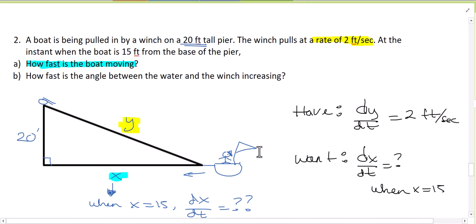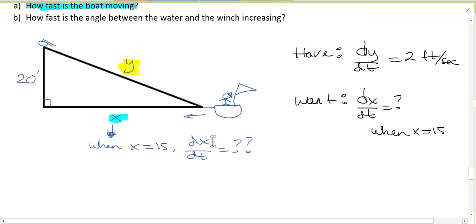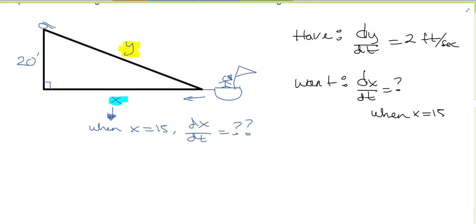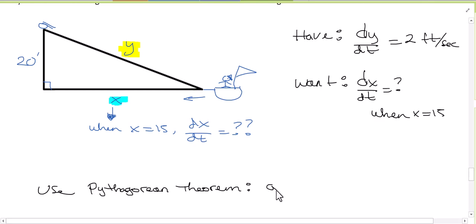And the picture helps because then I know how to relate x and y in a right triangle. And so we can use the Pythagorean theorem, which tells us that normally a squared plus b squared equals c squared.